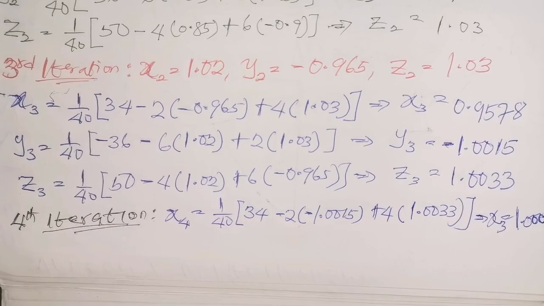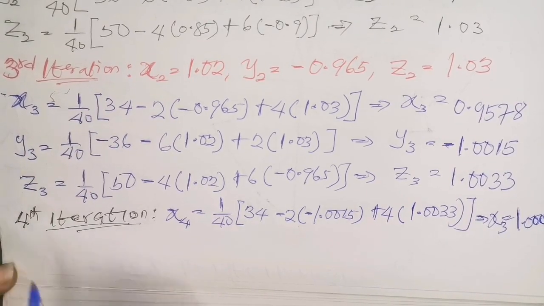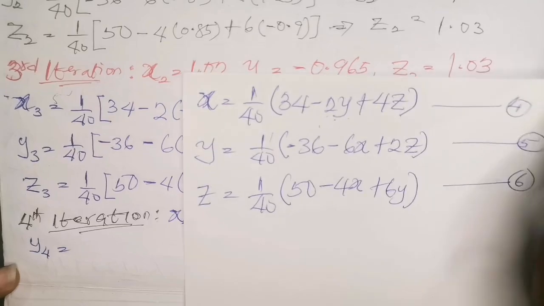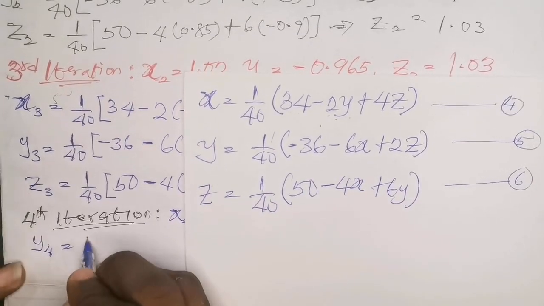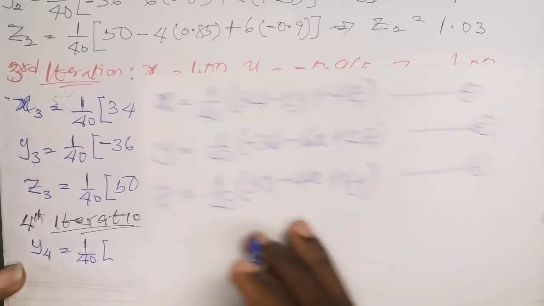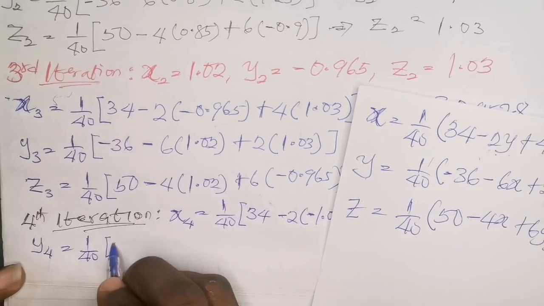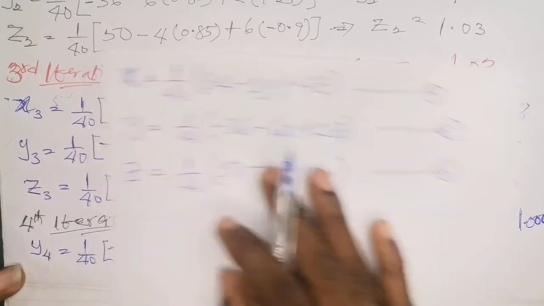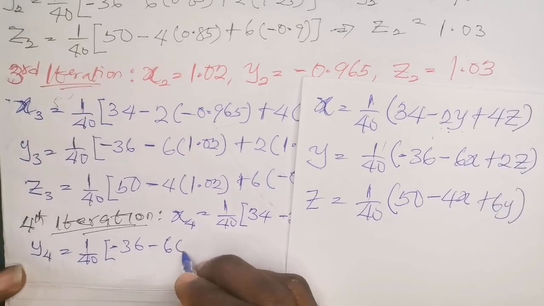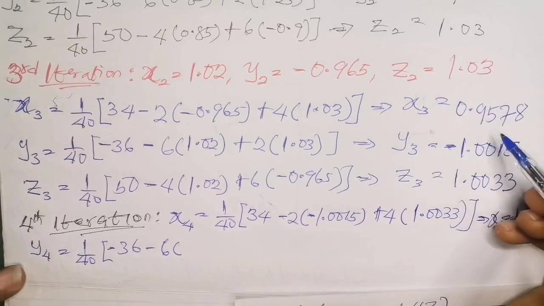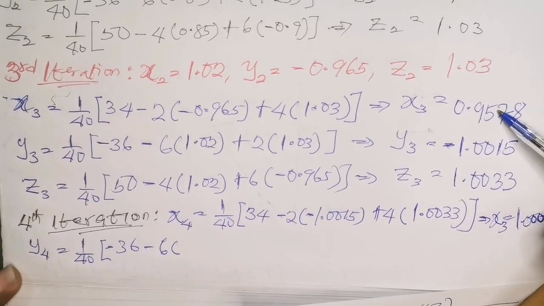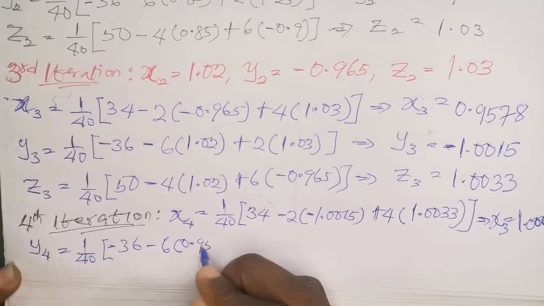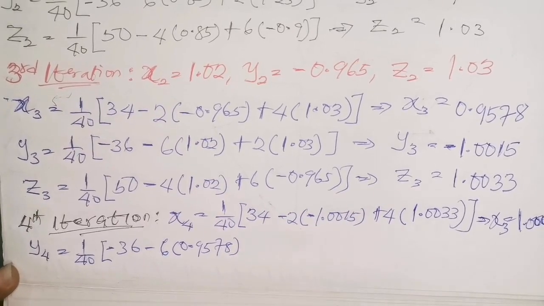Okay. Now we carry on for y4. So we carry out the fourth iteration of y. y4 is going to be equal to, once again from the equation, you have 1 over 40. So 1 divides 40 times, we have here negative 36, minus 6x, x now becomes x3. So this is minus 6x3, and we have the value of x3 to be equal to 0.9578. So in place of x there, you plug in 0.9578. Okay.